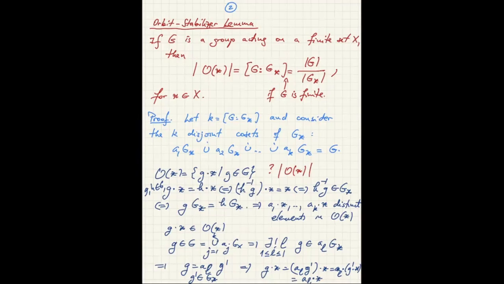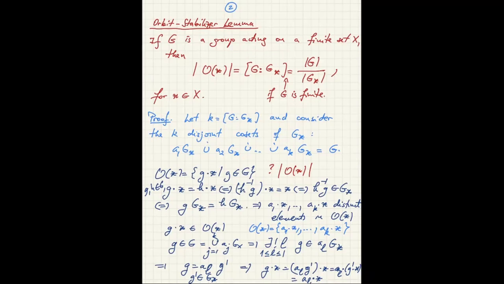Okay, so it turns out that in the end, the orbit of x equals {a_1 x, ..., a_k x}. We have this kind of bijection between the cosets of the stabilizer G_X and the elements of the orbit of x.